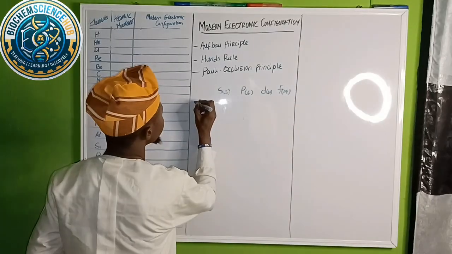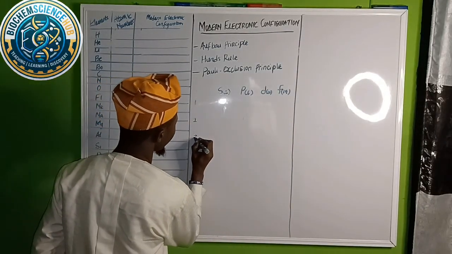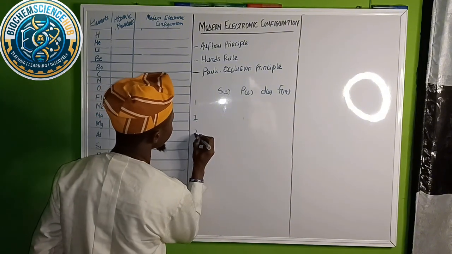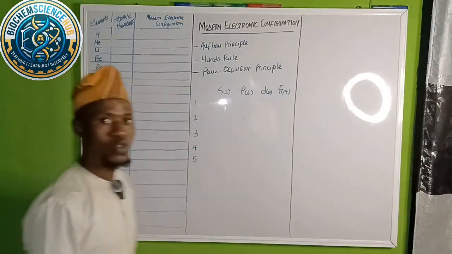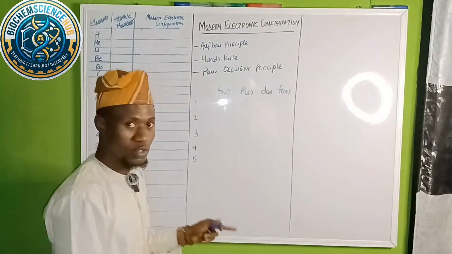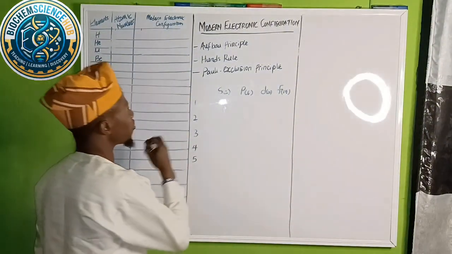Follow me, let's go. If you are finding it difficult to arrange your electrons in orbitals using this modern electronic configuration, then this step is easy, following the above principle.